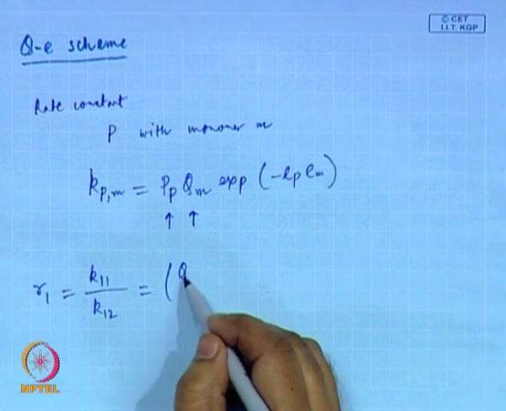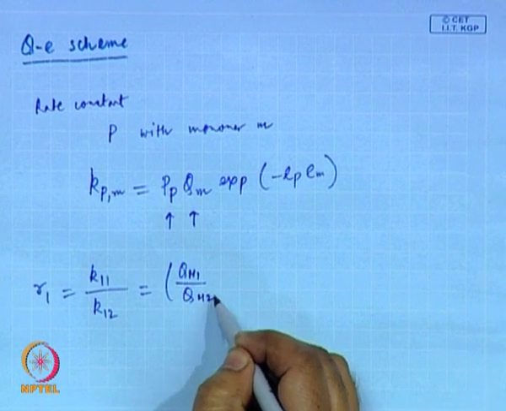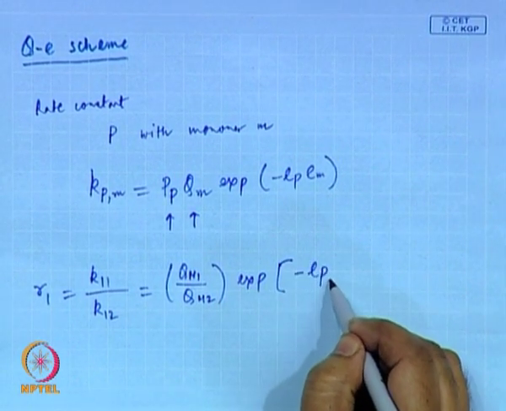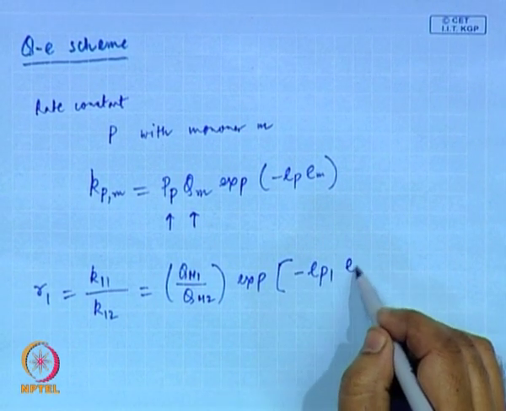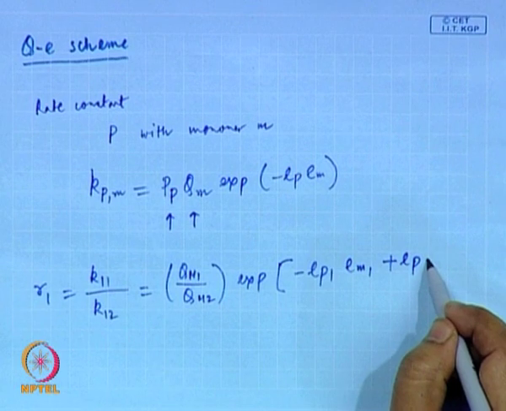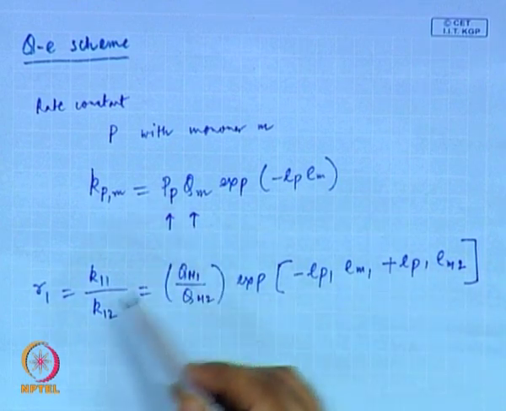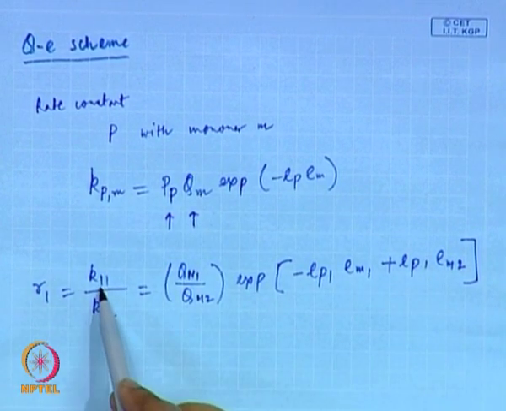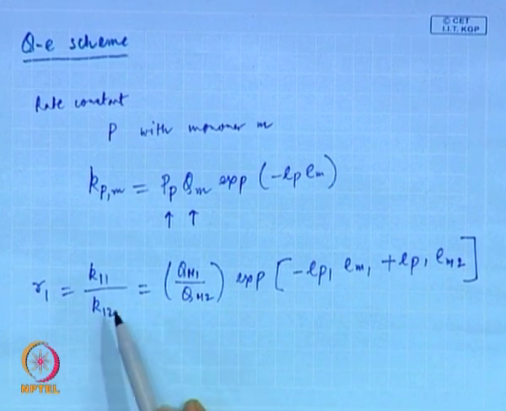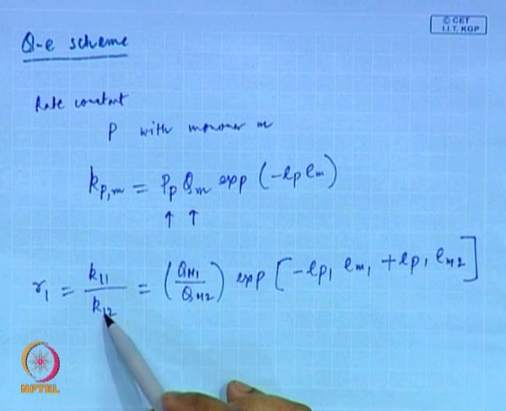So, I can write Q for M1, Q for M2, exponential for E1 and E M2. You get the expression from k11 and k12, and if you take the ratio, these cancel out because these are the same radical, 1 and 1.